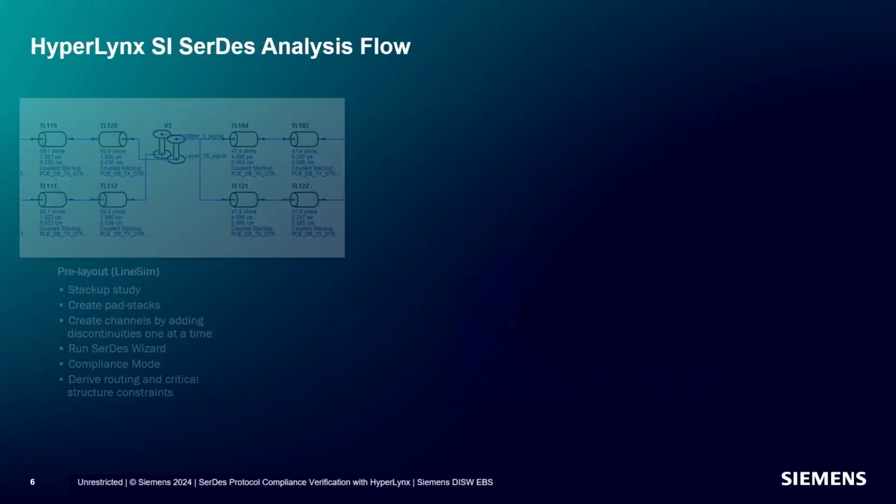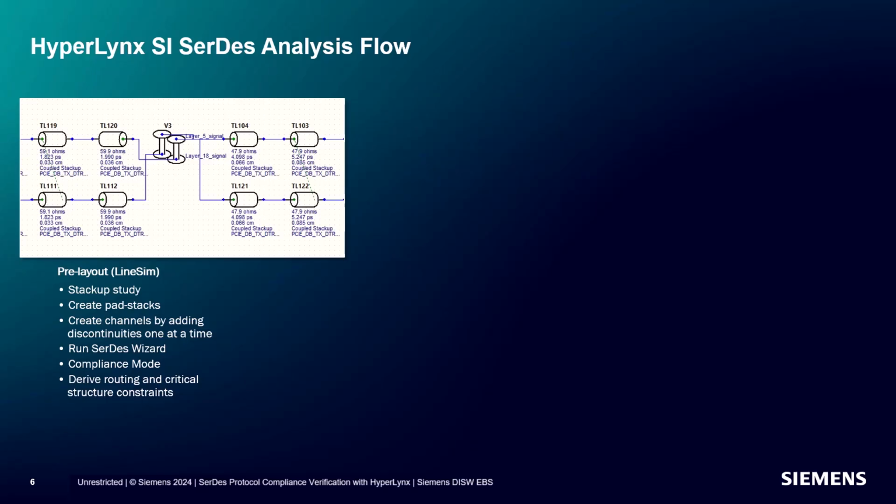A typical hyperlink SerDes analysis flow involves pre-layout analysis, PCB layout, design optimization, and post-layout verification of the completed design. Pre-layout analysis begins with a stack-up study that defines the materials and thickness that will be used to construct the board. Pad stacks and vias are defined, then used to create channel models that represent how signals will be routed.